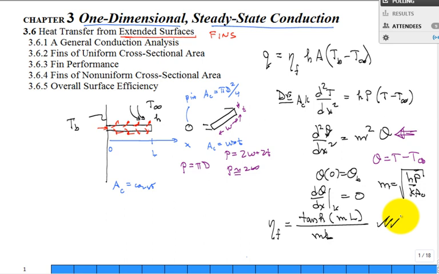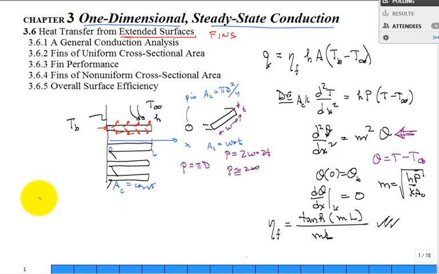All right. Now, once we have analyzed one fin, then we look at real heat exchangers. Is there usually a heat exchanger with only one fin in it, or are there plenty of fins? There's plenty of fins. And so they'll have another fin right here, and another fin right here, and another fin right there. They'll have an array of fins.